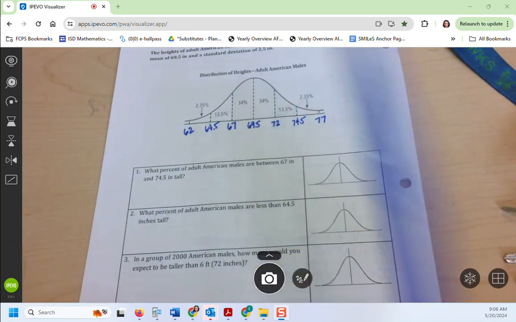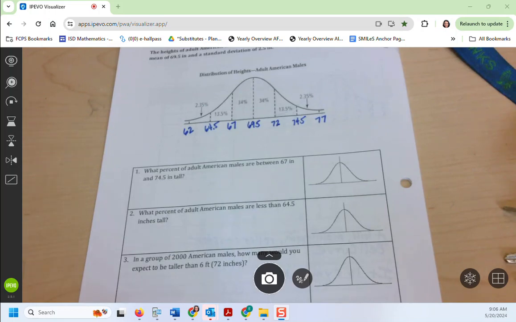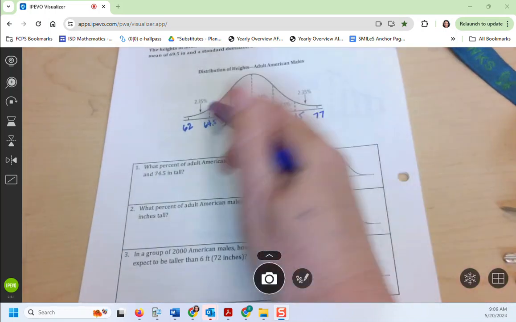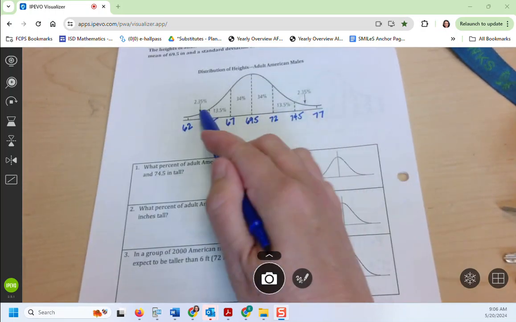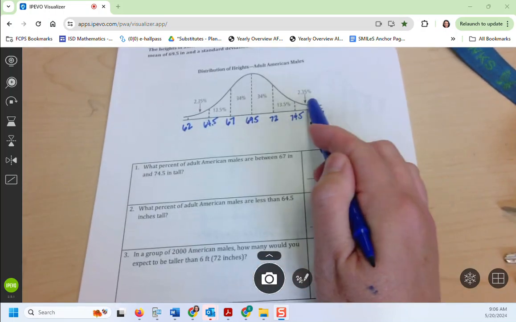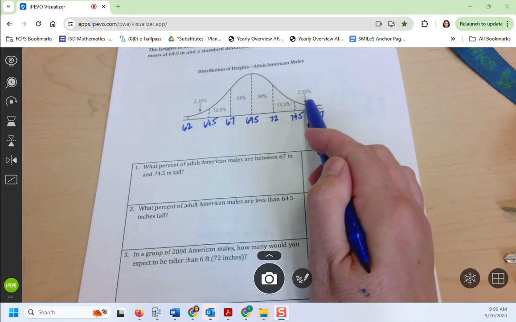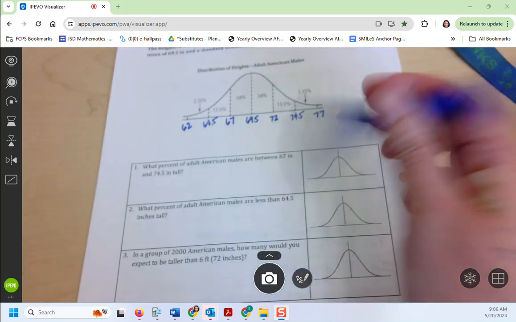So here are some questions to answer. What percent of American males are between 67 and 74.5 inches tall? So notice these percents. These are consistent for every normal distribution. You'll do problems on your homework about normal distribution. There'll be different problems, but same percents.